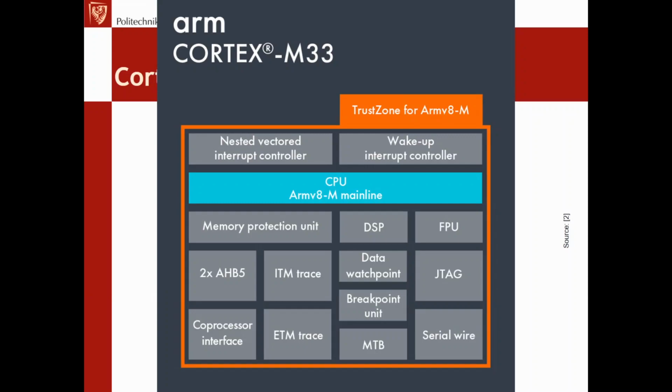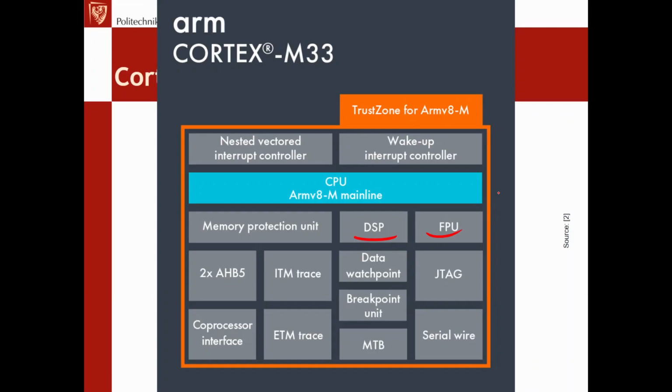The description is about a year older. So M33 is something about M4. It's not really faster than M4. It's at the same level as M4 in performance and peripherals. So we've got again the DSP and the FPU coprocessors available.